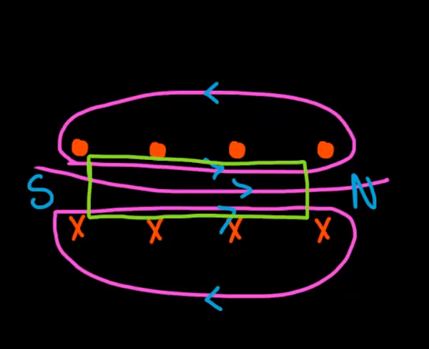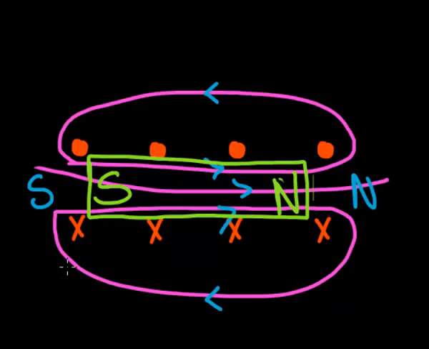Now what we can do is place an actual piece of metal inside of this coil. Noting that there will be this imaginary bar magnet forming, it will magnetize this piece of iron so that it ends up having its north pole on this side and its south pole on the other side.